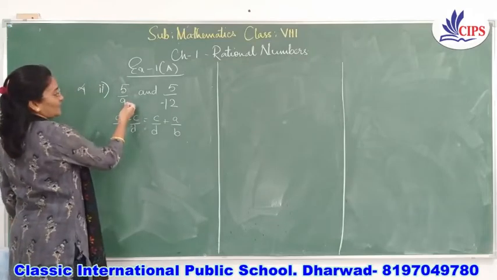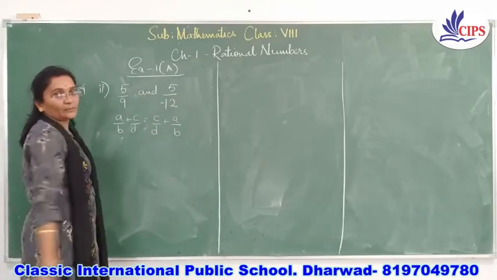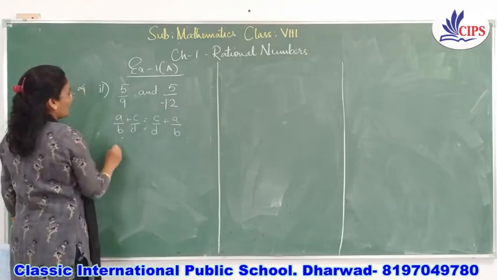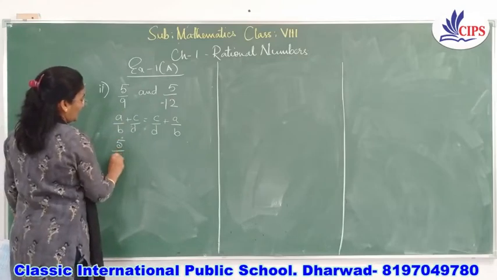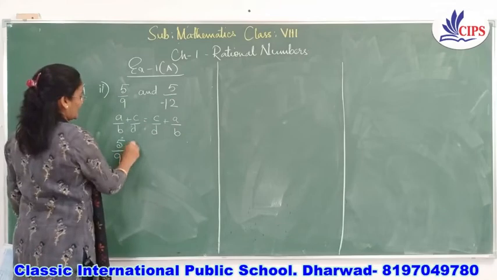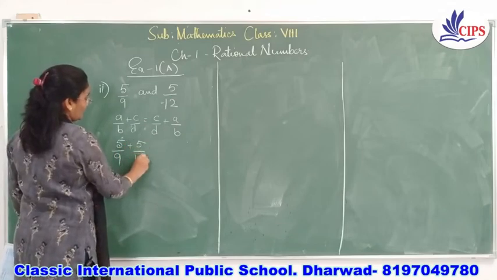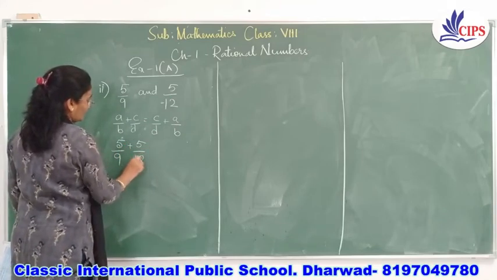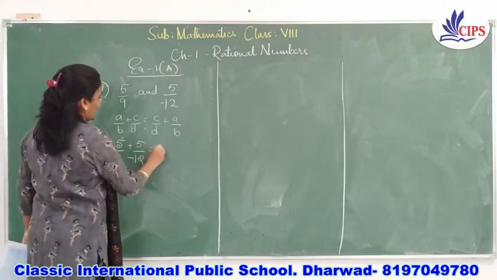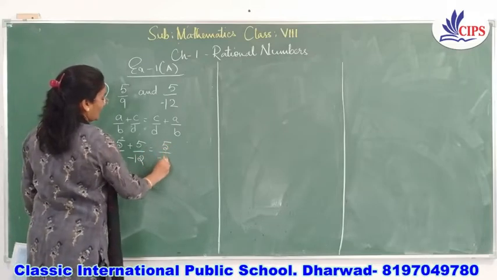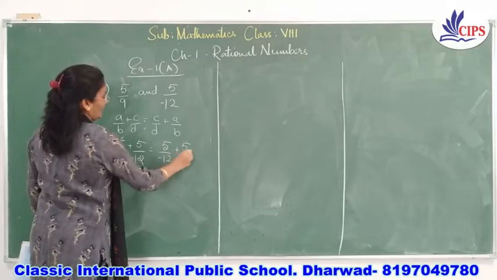Here we'll take A by B as 5 by 9 and C by D as 5 by minus 12. And again those same numbers in reverse order, 5 by minus 12 plus 5 by 9.